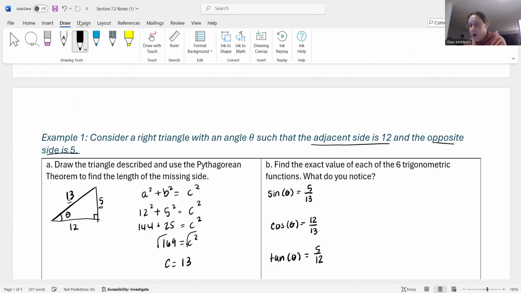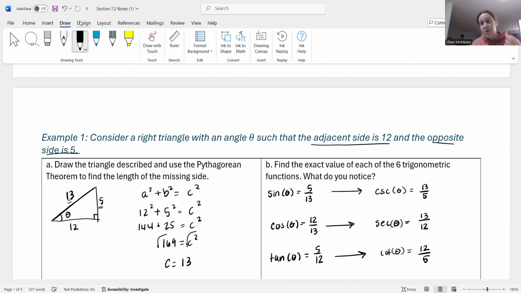And then because we already know that these are all going to have a function that has a reciprocal ratio of sides, we don't really have to do any work. So remember, cosecant of theta has a reciprocal relationship to the sides of the triangle. So that would just be 13 over 5. We don't even have to do any work. Cosine has a reciprocal relationship with secant. So that would be 13 over 12. And then finally, tangent and cotangent are related in the sense that they have a reciprocal relationship with their ratio of sides. So we would say that cotangent is 12 over 5.